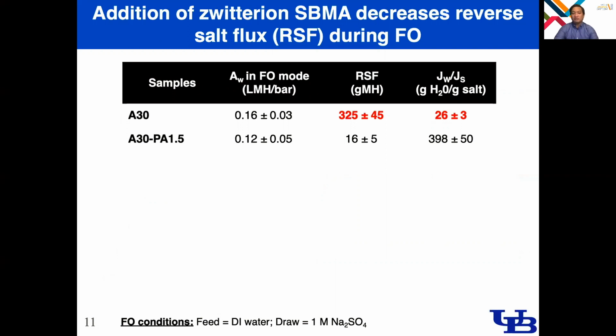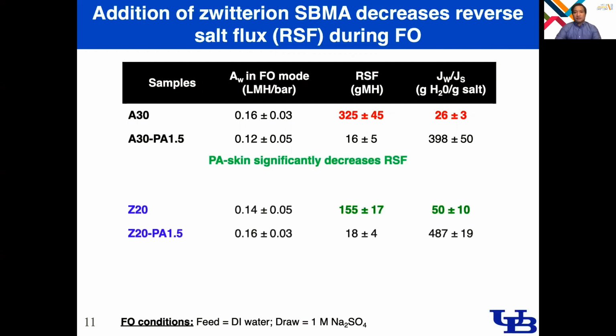However, the polyamide modified membrane exhibits significantly lower reverse salt flux, reducing from 325 to only about 16 grams per meter squared per hour. Thus, it is increasing the water over salt flux selectivity by more than tenfold.